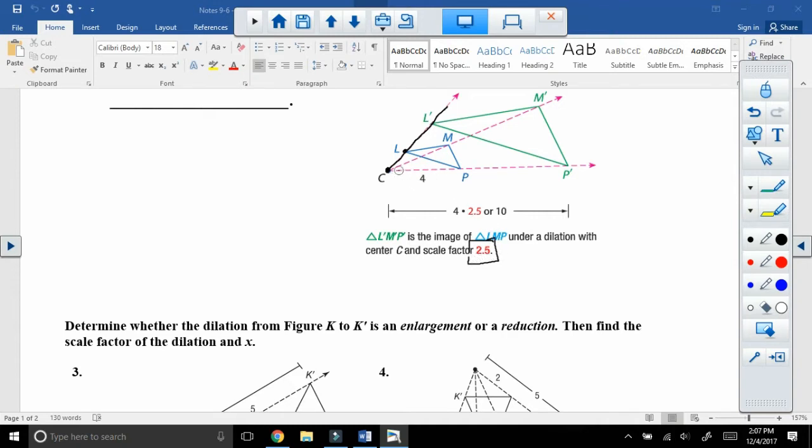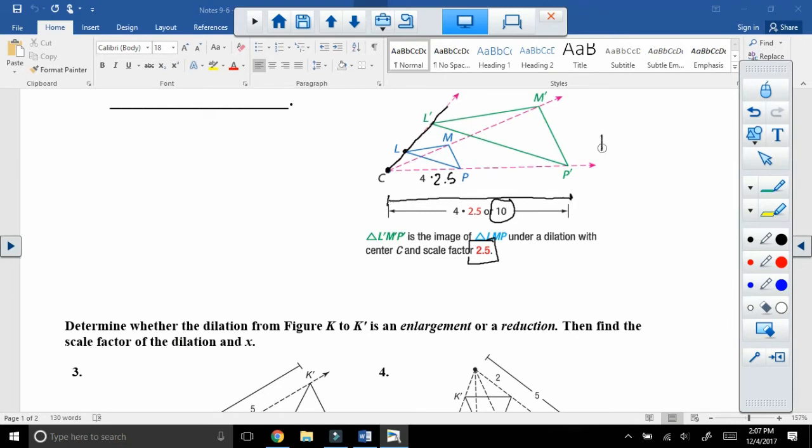Looking at these distances, especially on this side, that one doesn't give us any distances, but C to P is 4. If I then multiply that 4 by 2.5, you can see that the whole distance here would be 10.